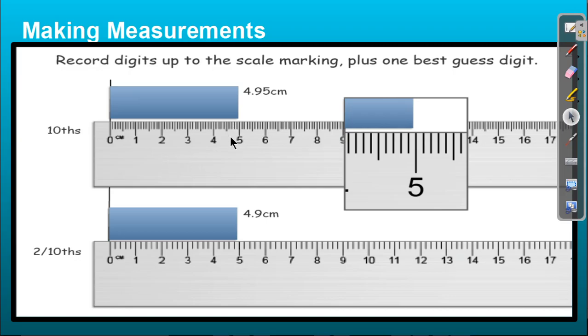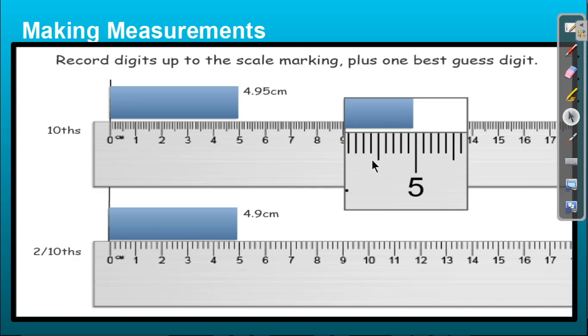Let's look at this. When you have 10 little lines, if we look here, okay, you can read up to the millimeter, the 10th position. I know that this is 4, and then I have 9 more little lines. Now, between the 9th line and the next centimeter, I have to guess.